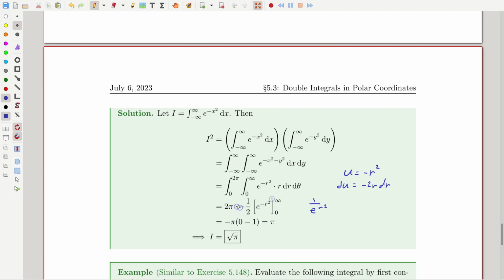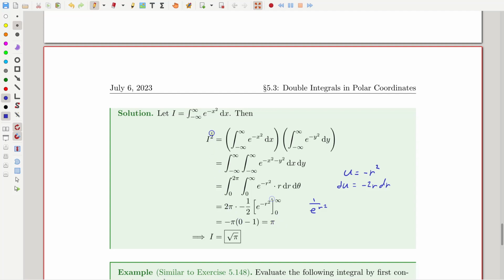Also, I should say that I've simplified the constants at front. And then when you evaluate at 0, and you're plugging 0 into here, that's making the denominator equal to 1. So you end up with 1 subtraction because that's the second half of the evaluation. And so we end up with pi as the computation that we've just done.